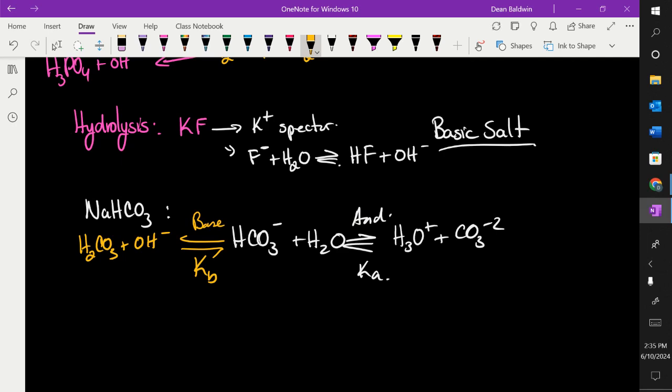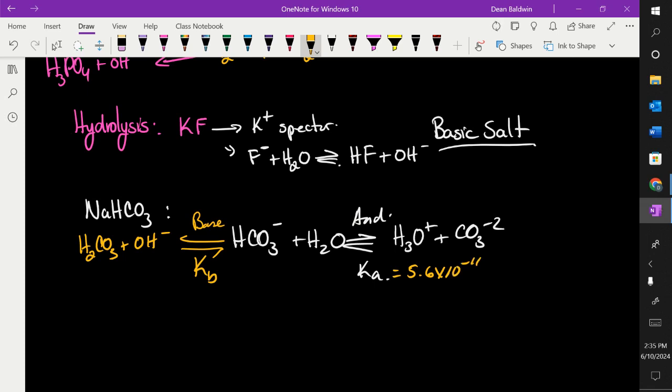And it's going to be dependent on the strength of the Ka versus the Kb. Ka you can pull right from the table. What's the Ka of HCO3? I'm actually asking you. 5.6 times 10 to the minus 11.